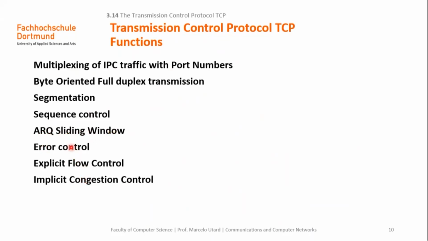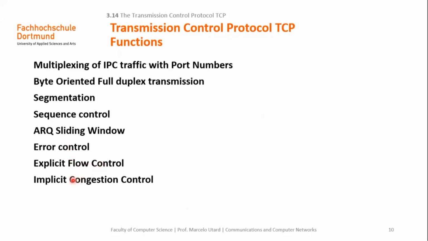The error control is necessary in order to retransmit some segments that are lost in the transmission across the IP network. The flow control is an explicit mechanism that permits facing, for instance, the availability of memory in the receiver buffer side.